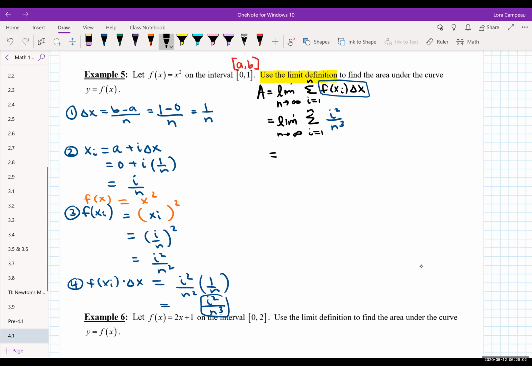So we have limit as n approaches infinity, and see what I'm doing right here is I'm pulling out the n cubed. It was in the denominator, so I need to say it's 1 over n cubed. And that is multiplied by the summation notation of i equals 1 to n of, now we're just looking at i squared.